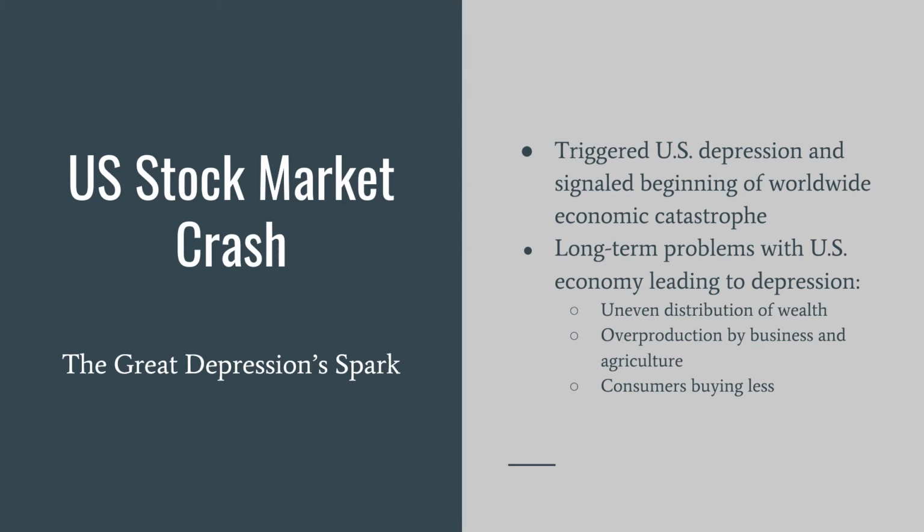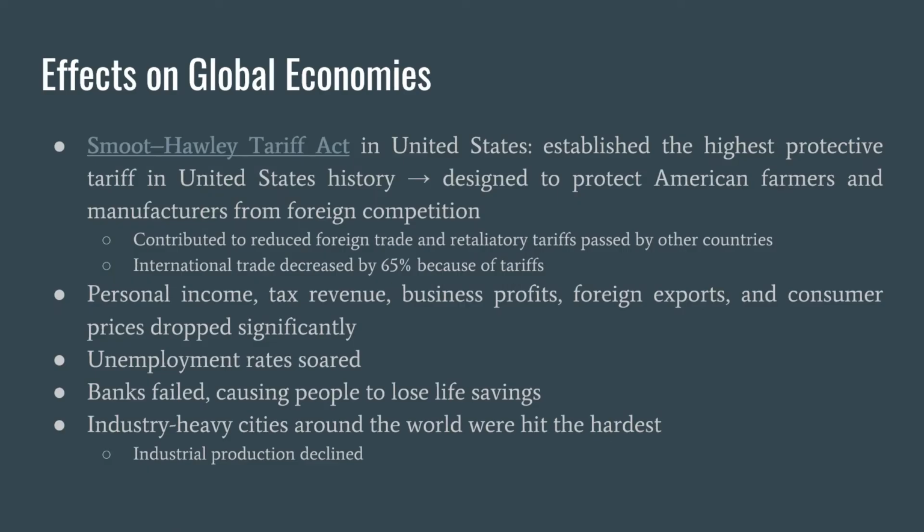There is major overproduction by businesses and in the agricultural sector. And we're also seeing that consumers are buying less. So we're overproducing goods and services, but people are buying less. And the United States' struggles are going to have a very big impact on the world. So how does this affect the global economies?